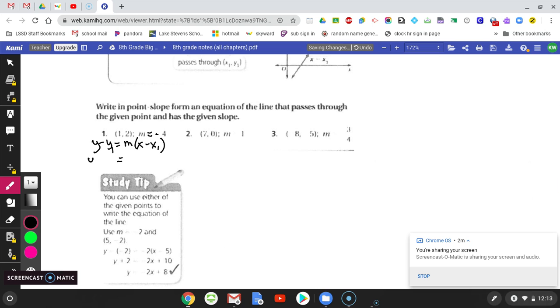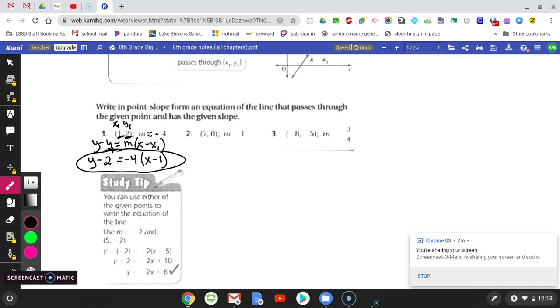So y stays where it is, minus, well, I can label these as x1 and y1, and then guess what? My y1 is what I substitute in, which is 2, equals my slope, which they told me was -4, and then x minus the x1 value of the coordinate point, which was 1. That's it. You are done. You don't have to do anything else with this.